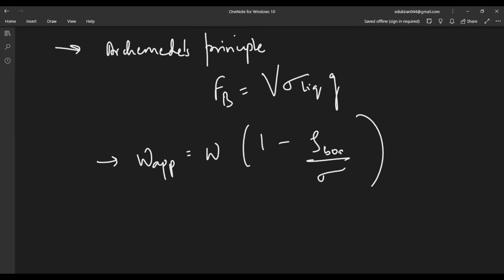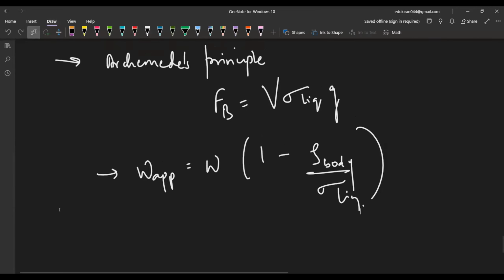Rho is the density of the body, sigma is the density of the liquid. Then you should remember the laws of flotation: when the weight is greater than the buoyant force, when the weight is equal to the buoyant force, and when the buoyant force is greater, in which case will your body sink. One or two questions, let's see from this topic also.